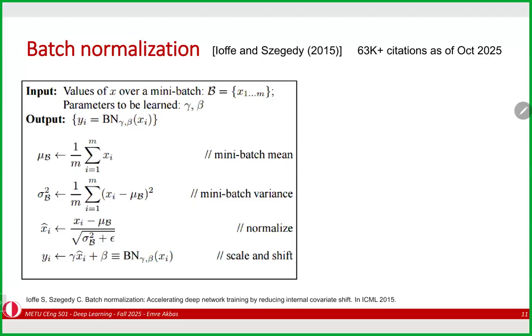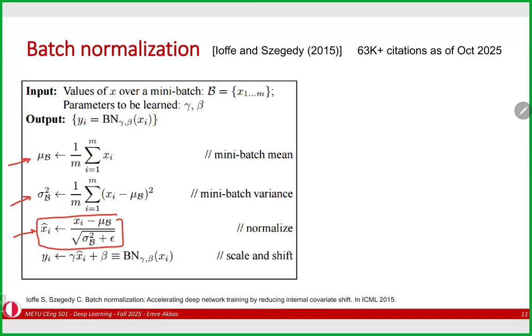What batch normalization does is first take the mean, calculate the variance, and then transform all the examples based on mean and variance. When you do this operation, your batch becomes zero mean unit variance. You see that, right?